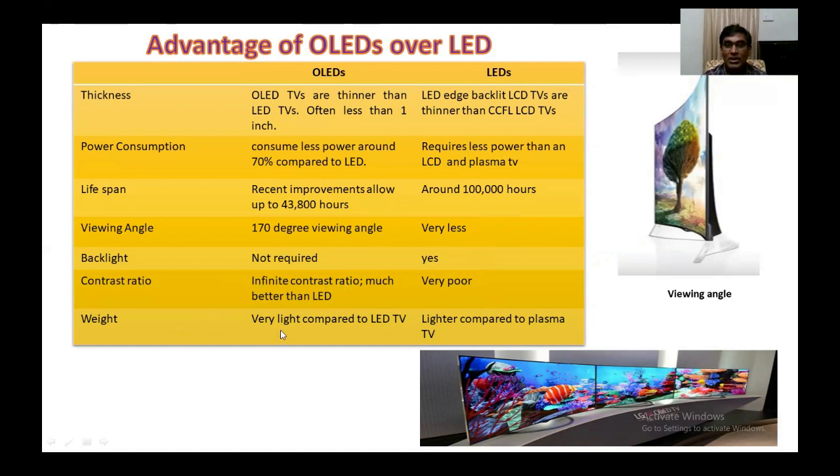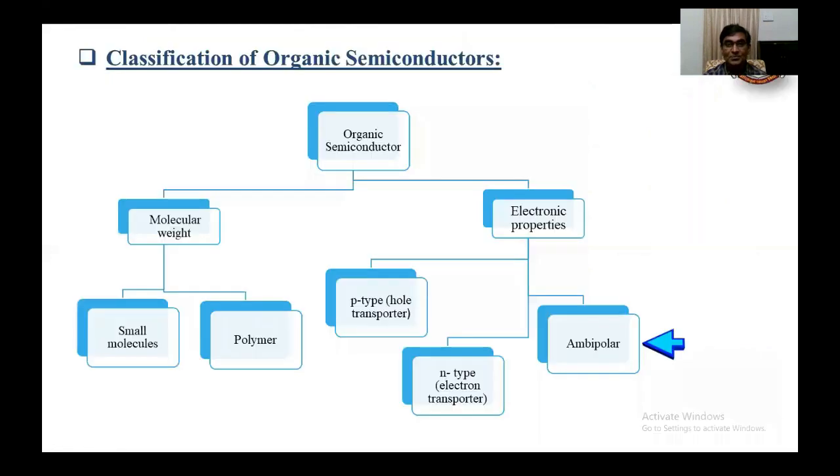You can see the curved televisions connected in series, and we get a big screen. So this is the benefit of the organic light emitting diode. Now come to the classification of these organic semiconductors. Organic semiconductors are classified on the basis of their molecular weight and their electronic properties.